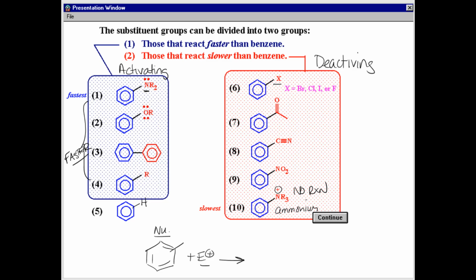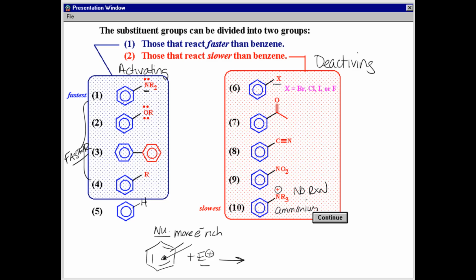How do I do that? Make it more electron rich. Okay, how do I do that? Well, I do that by pushing electron density into the ring. I put a group on the ring that will push electron density into the ring and make it more rich.